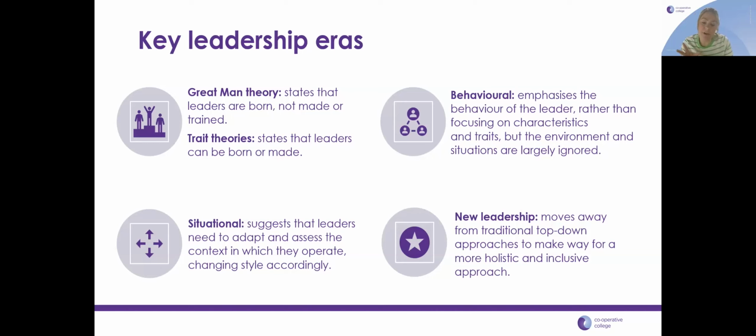The emphasis within this theory is on the behaviour of the leader, rather than focusing on the characteristics and traits, but the environment and the situations are largely ignored. So depending on what might be happening in your cooperative or organisation, within this theory, that would be ignored.